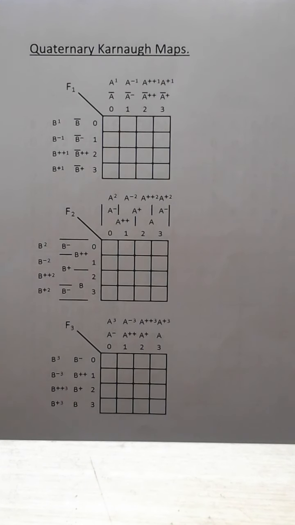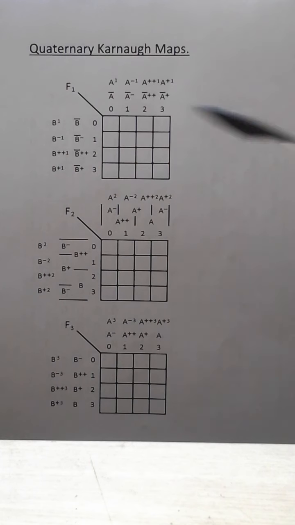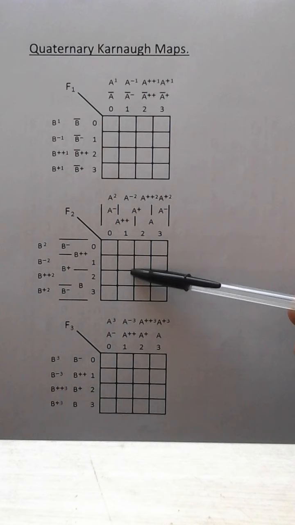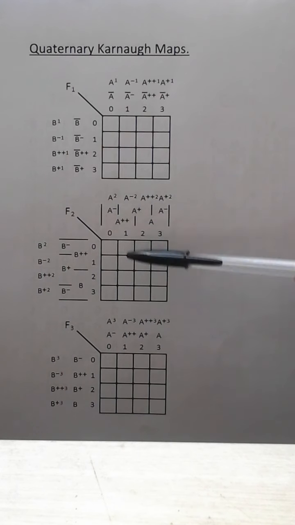Now the idea of the Karnaugh map minimization is to start at Karnaugh Map F3 and work downwards to cover as many as you can with the expressions of F3 in F2 and F1. Similarly, in F2 you cover as many expressions as you can in F1 with F2, and F1 just sorts itself out.